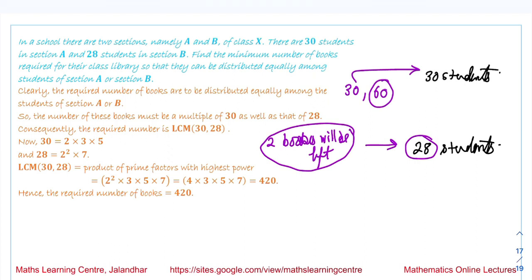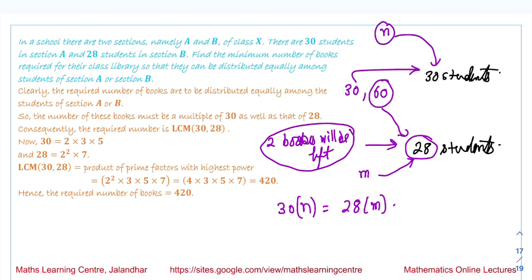Again, for these students, these 60 books cannot be distributed equally. So what we are trying to find is, suppose n books are distributed to these students and m books are distributed to these students. It means the total number of books, that is 30 into n, should be equal to 28 into m. Both of these values should be equal.